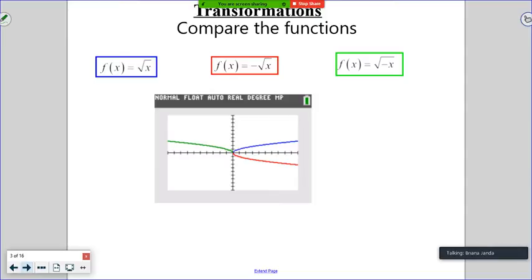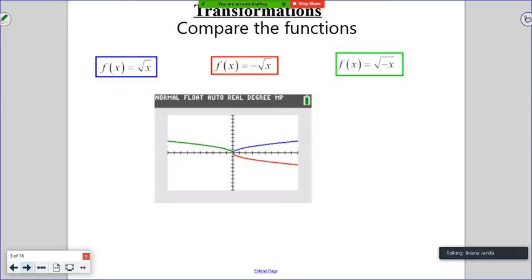And see what happened where that ended up in the red, and you can see that it looks like it flipped over this line right here, this line being our x-axis. And then we've got this picture in the green, where I moved the negative to the inside of the function, and from the blue to the green, it looks like it flipped it horizontally, across what is our y-axis, and that's exactly what happens.